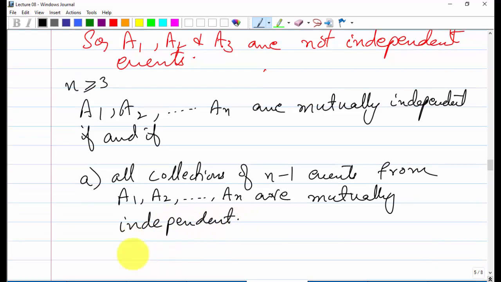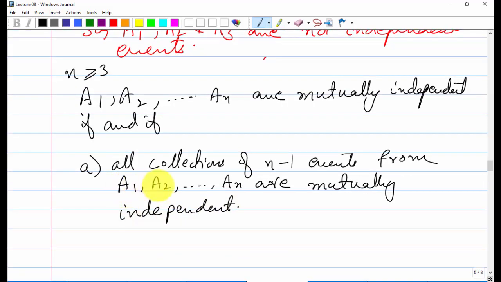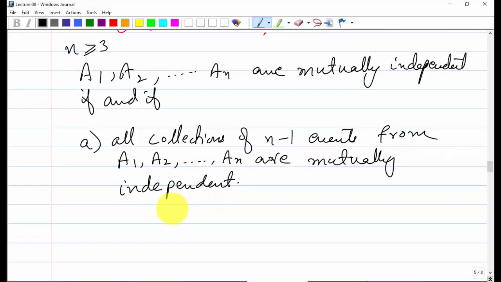So it means that we have to check for A1 A2 independence, A1 A3 independence, A1 A4 independence, up to A1 An independence, and then again A2 A3 independence, A2 A4 independence, and so on. So we have to check all the independences.